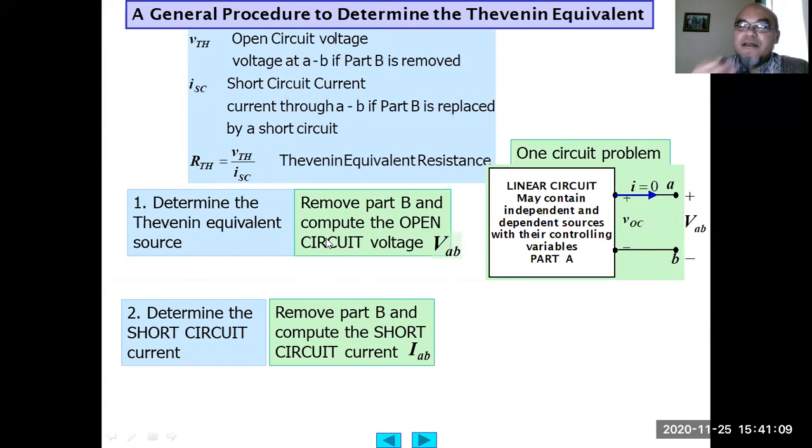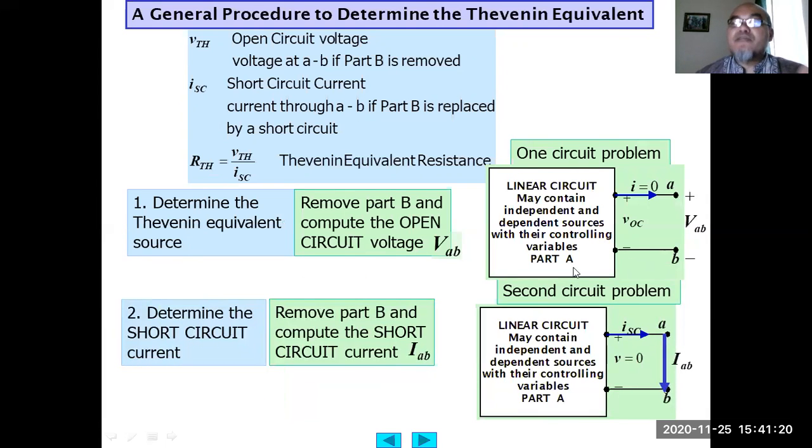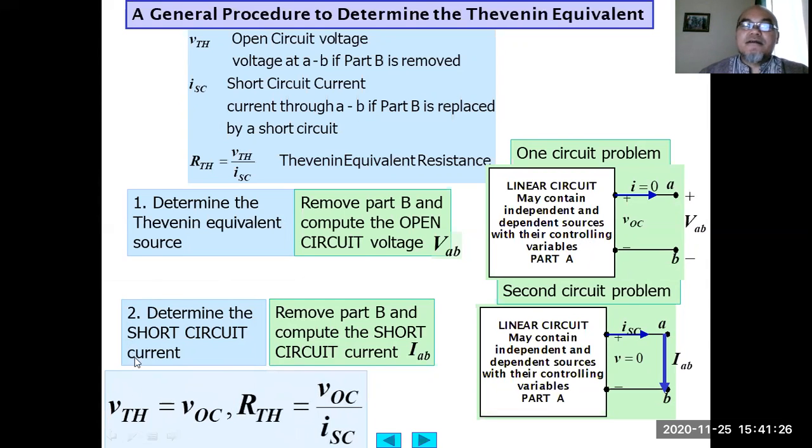We remove part B and short circuit it, and then calculate that short circuit current, IAB or ISC. From there, we can calculate the Thevenin resistance, VAB divided by IAB, or RTH, the V open circuit divided by I short circuit, and the Thevenin equivalent voltage source equals the open circuit voltage value.